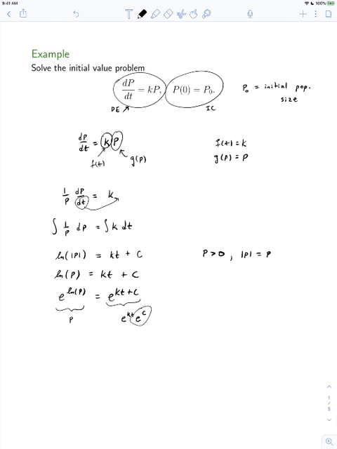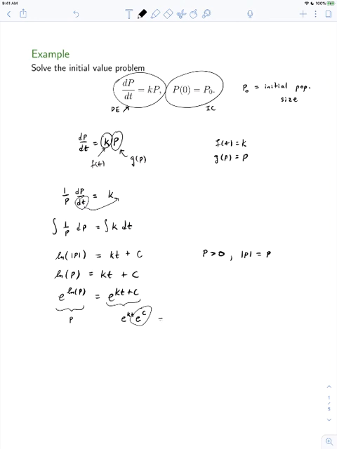This e to the C is an arbitrary positive constant. C can be anything, so e to the C is any positive number. It can't be negative, and it can't be 0, but it can be any positive number.